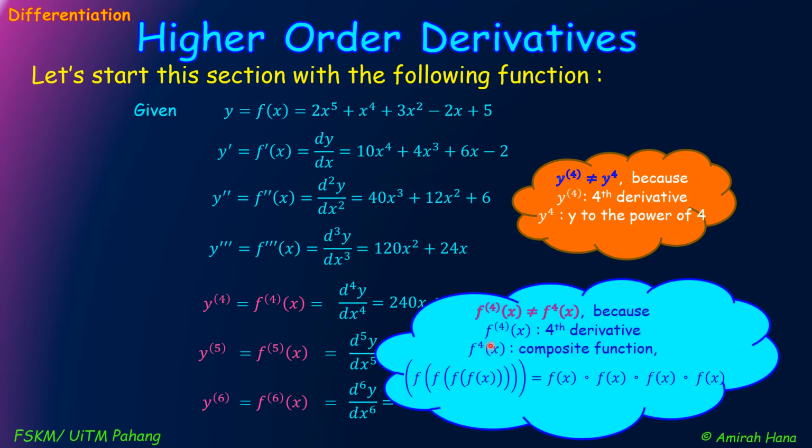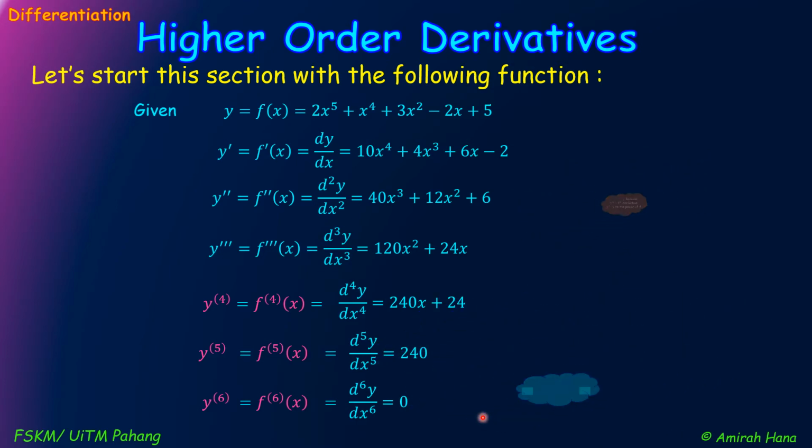And f^(4)(x) does not equal f⁴(x), because f^(4) means the fourth derivative and f⁴(x) means a composite function: f(x) composed with f(x), composed with f(x), and composed with f(x), 4 times.